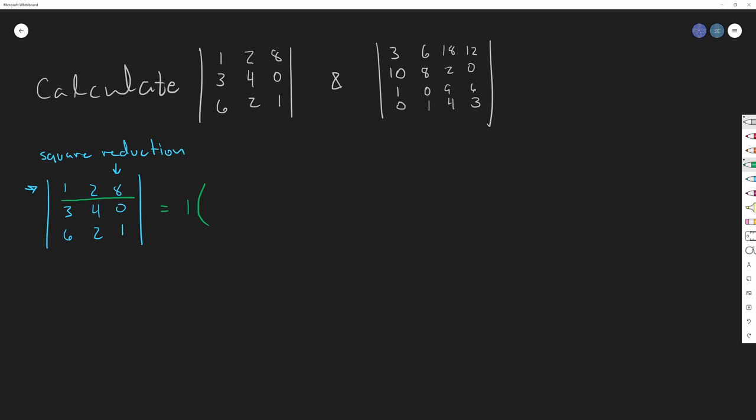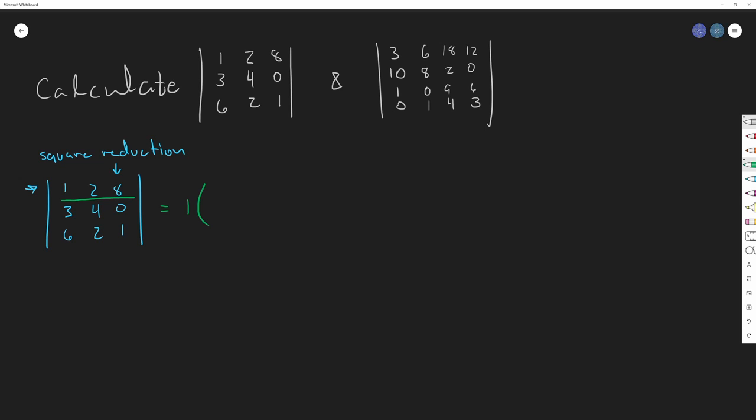Since this is a 3x3, we're going to find the determinant of a 2x2. You're always going to find the determinant of one size less than the original square matrix. So if this was a 4x4, it would just be 3 times the determinant of a 3x3.